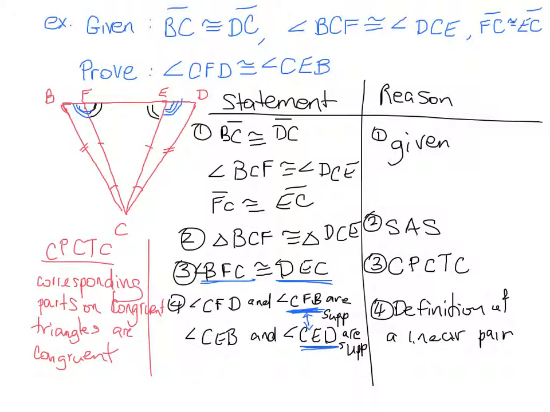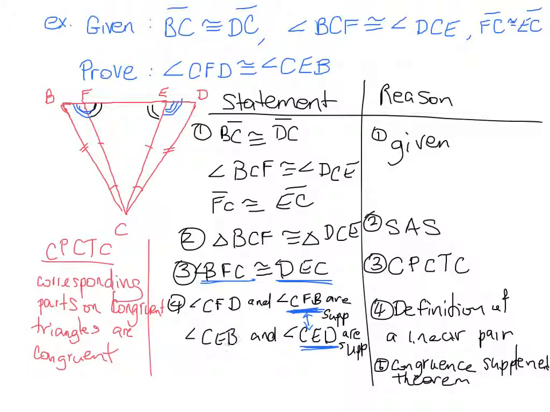According to the congruent supplements theorem, I'll write the reason down first, if we have two angles that are supplementary with congruent angles, then these two angles have to be congruent to each other.